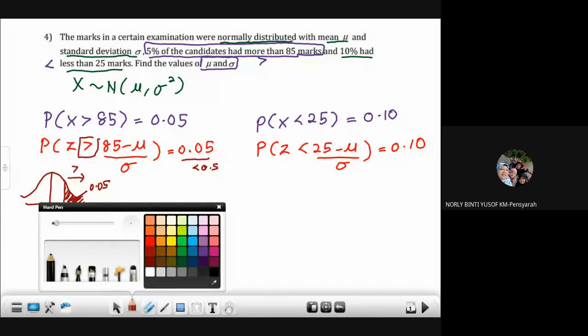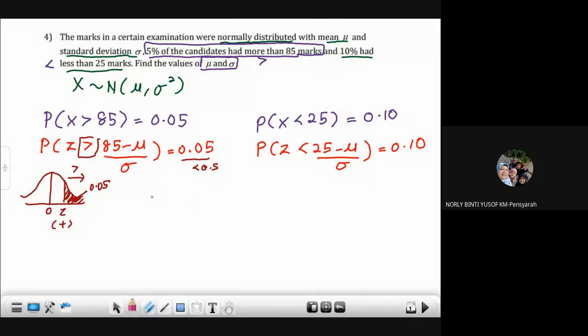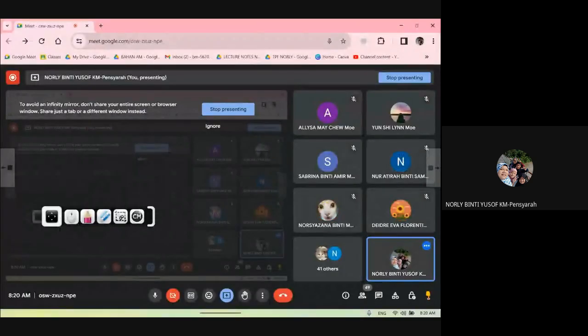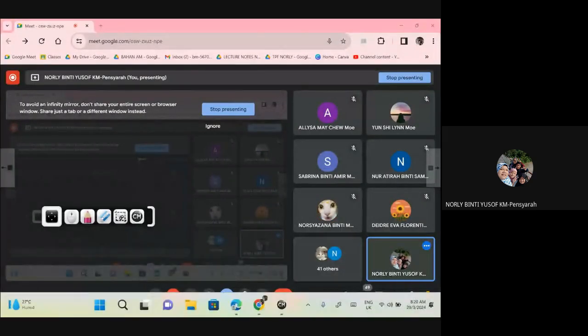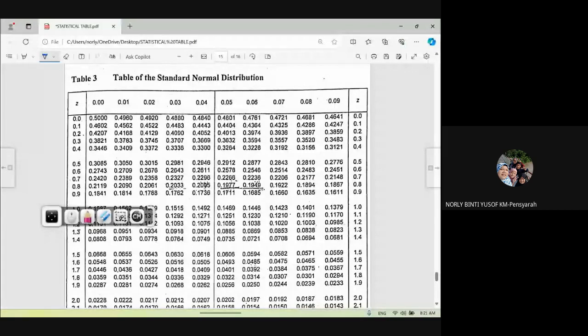So you baca table sama, you see from table. Okay, what value do you get for your Z? So 0.05, bila you tengok kat table, you ada dua value yang menghampiri dia.